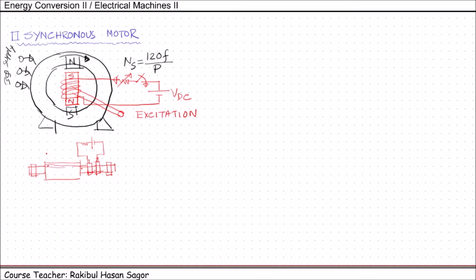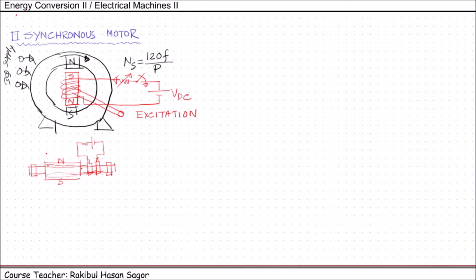We have the rotor winding here, and this is the negative side, and this rotor will produce a north pole here and a south pole here, which will be interlocked with the south pole and north pole of the rotating magnetic field, and this rotor will start rotating with the synchronous speed.